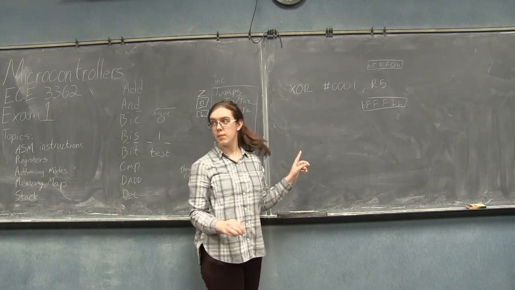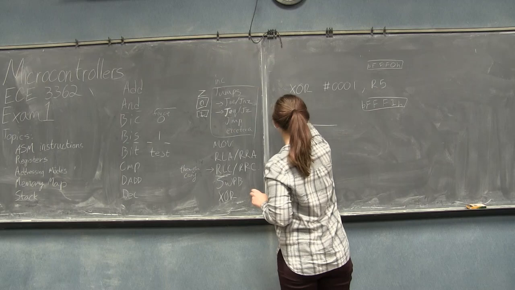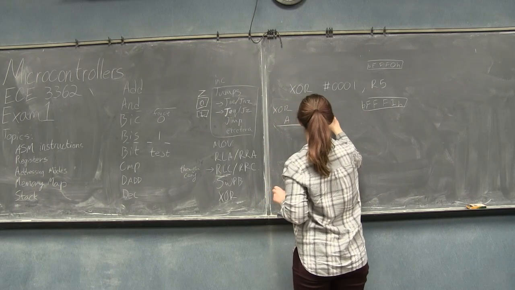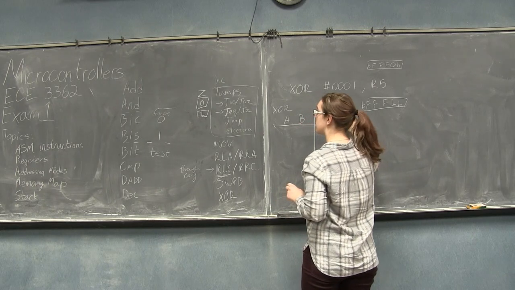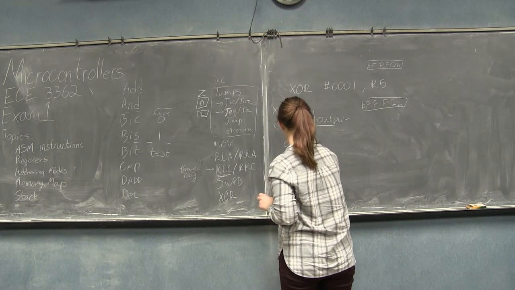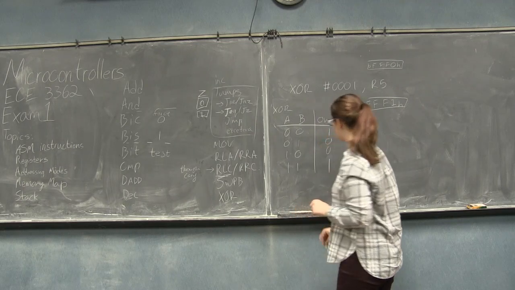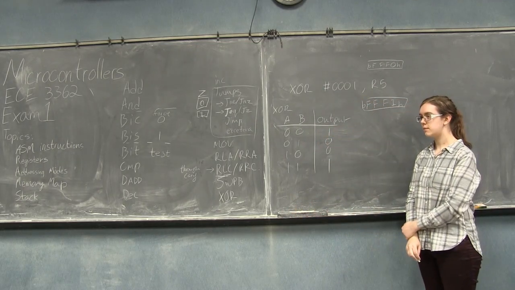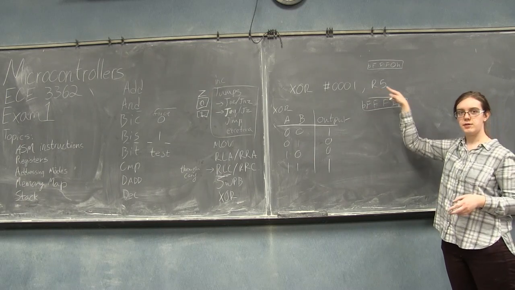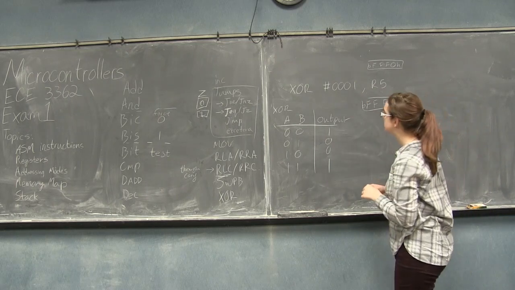Can you write the truth table for XOR? So basically you do the same thing, write R5 out as binary, and then wherever this one is a 1, then you would toggle it.